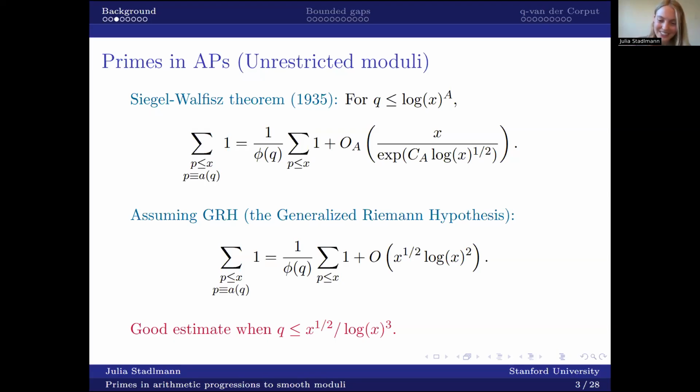Now, the unfortunate thing is, if we want to prove anything unconditional, then assuming the generalized Riemann hypothesis is not very helpful. But fortunately, as a replacement for that, we have the Bombieri-Vinogradov theorem.